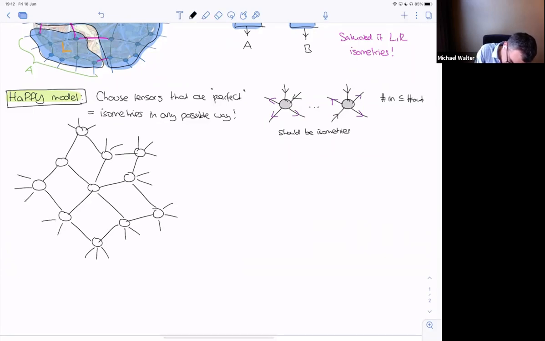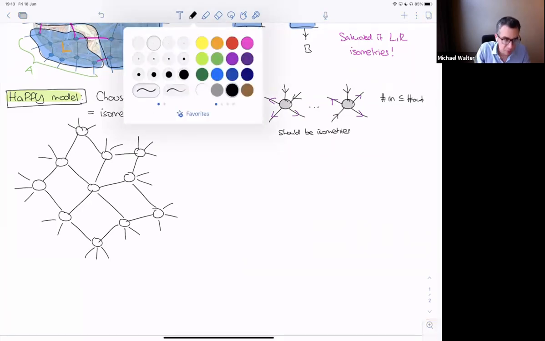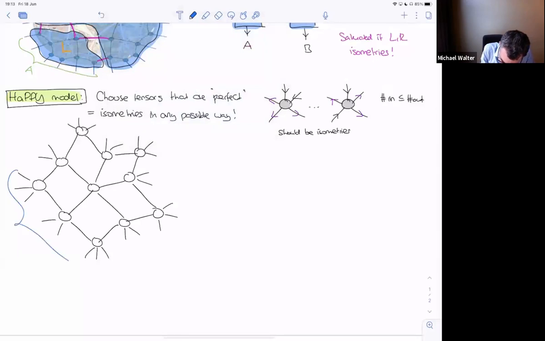Hopefully now all of them have the same number of legs. So imagine this is one particular tensor network that we might be interested in, and maybe this part here is subsystem A.